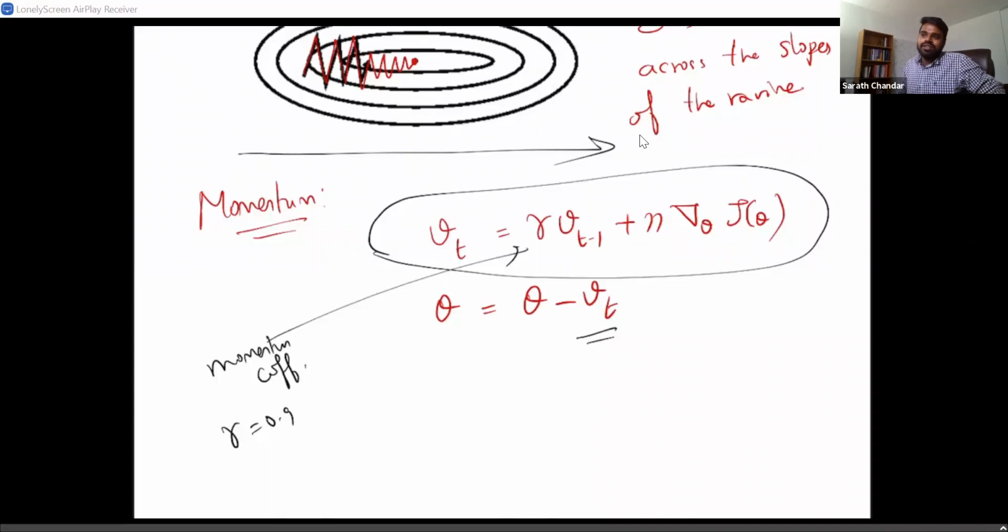Essentially this is like using the ball on the top and pushing it down the hill, so it accumulates momentum as it rolls downhill, becoming faster and faster, right? That's exactly what this is also simulating.